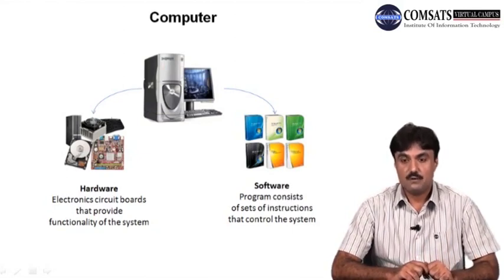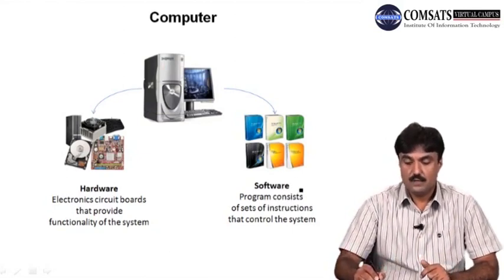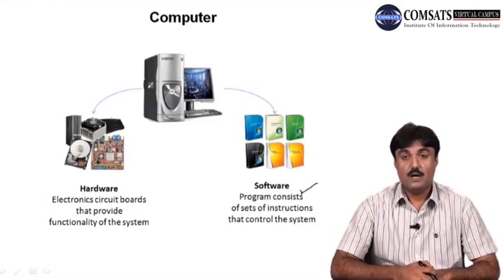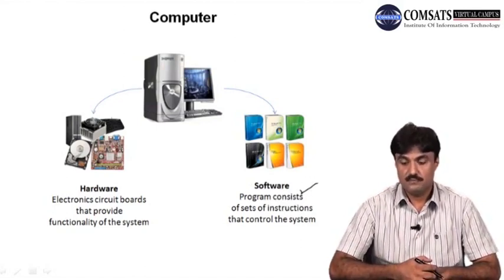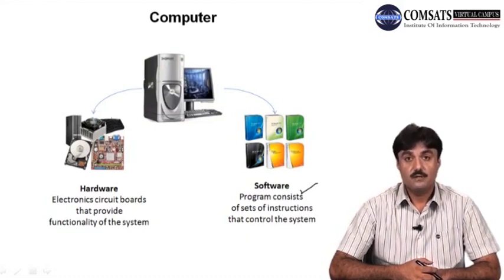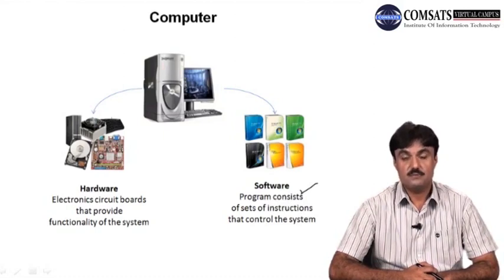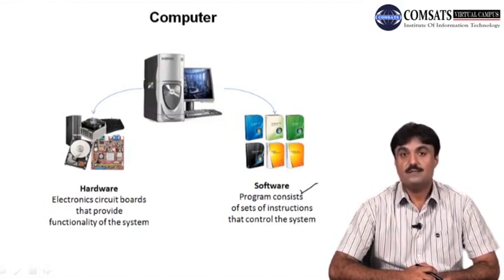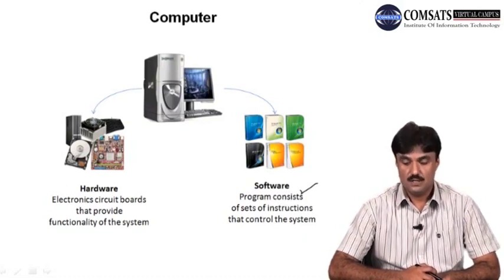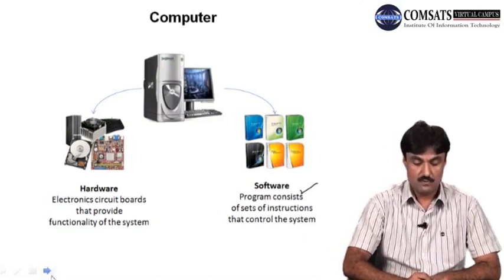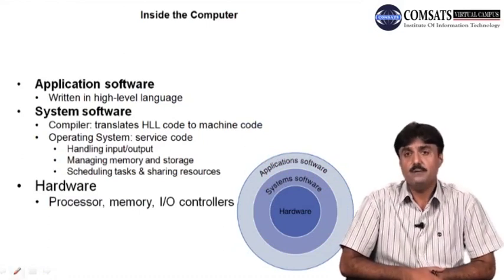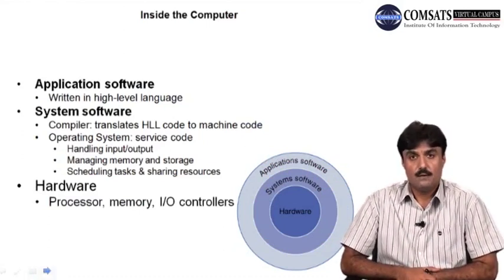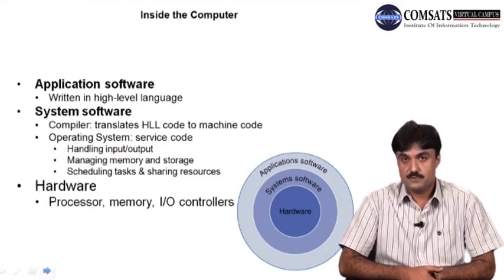Now, to operate this hardware, we need software to make it function. Now, what is inside the software? There are programs that consist of sets of instructions that control the system. These sets of instructions instruct the machine how to operate and how to perform functionality. Now, what is inside the computer?